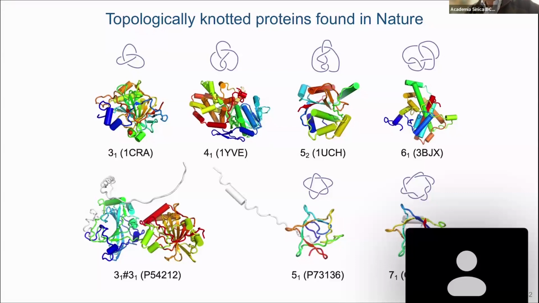You have, on the one hand, the so-called composite protein knots. That's the combination of two trefoil knots linked together in a single polypeptide chain, and they fold into a compact structure, but then you have two knots existing along a single polypeptide chain.